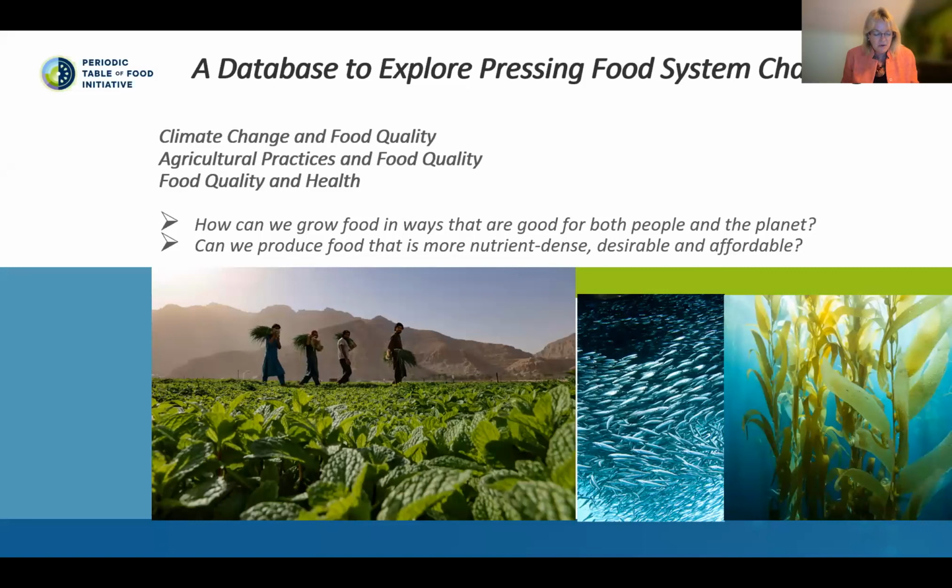In terms of agricultural practices, I think Jonathan's example and Qiming's data from Ag2Nut Foundation are very illustrative of these research questions. How do agricultural practices impact food quality and nutrient supply? How can we adapt growing practices to improve human and planetary health? And finally, the relationship between food composition, health, and nutrition.